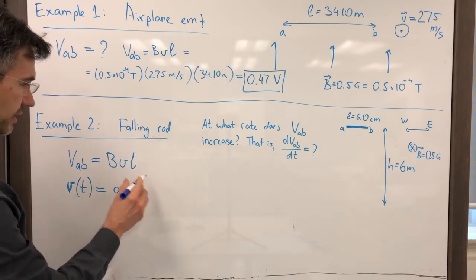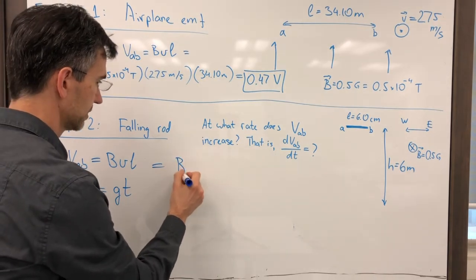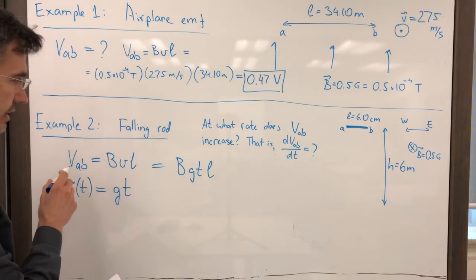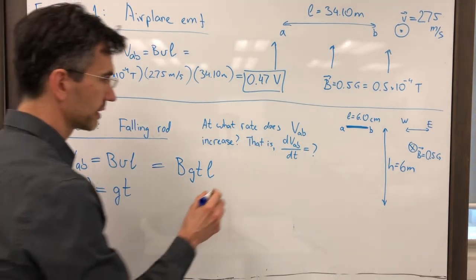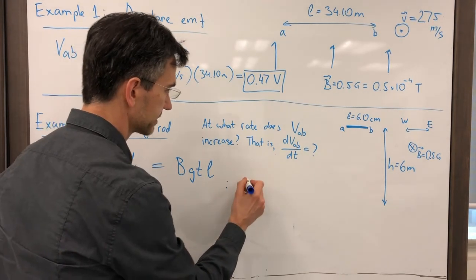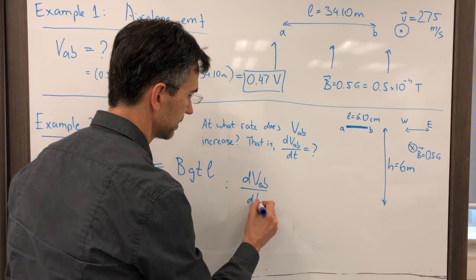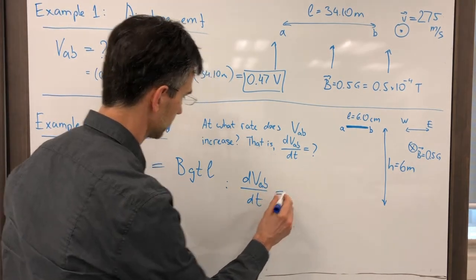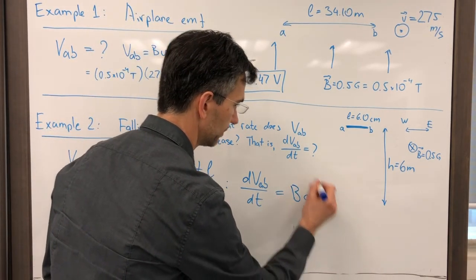We'll put this in here, so our expression for the potential becomes B g t L. So now we see that the potential varies with time t. Now the question that we had is, what is dV_AB/dt, the change in potential with time? So all we have to do is differentiate this with respect to t. Then we get that this is going to be B g L, and that's it.